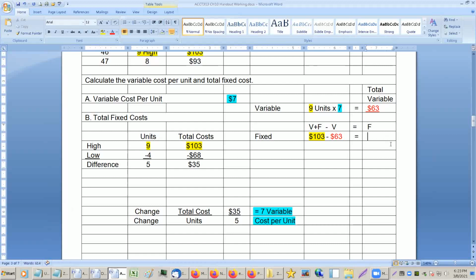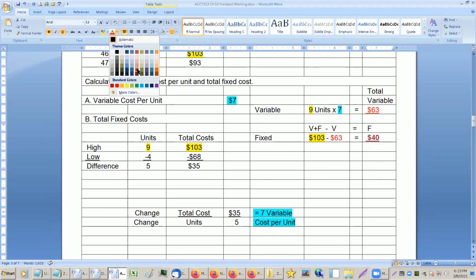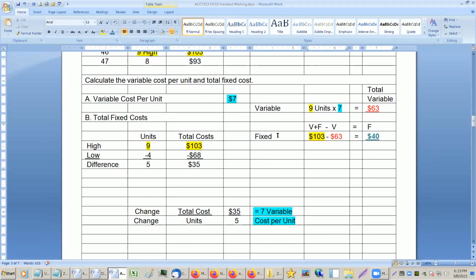I think it's 40. Right? So the fixed cost would be 40.